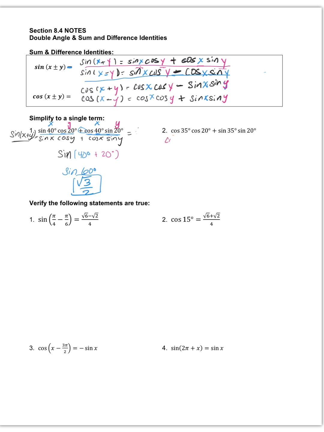So this will be cosine of x minus y. Now that we have that information, let's see what x is and what y is. This is your x, based on my problem up here, and this is your y.